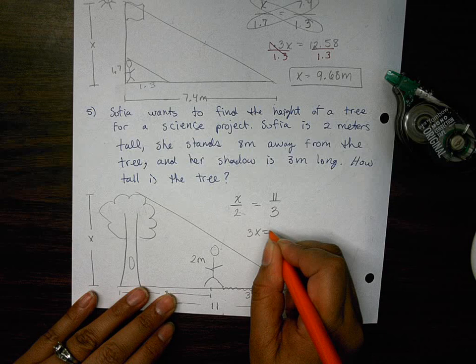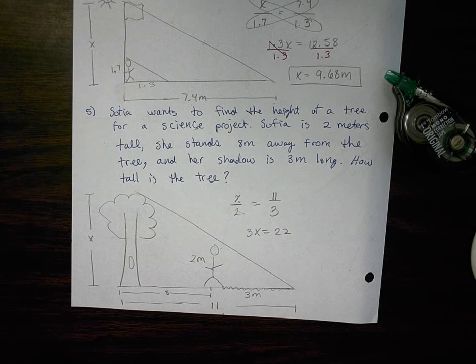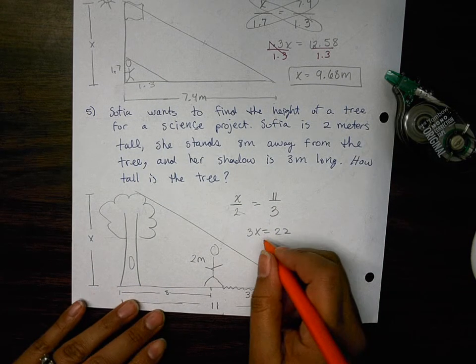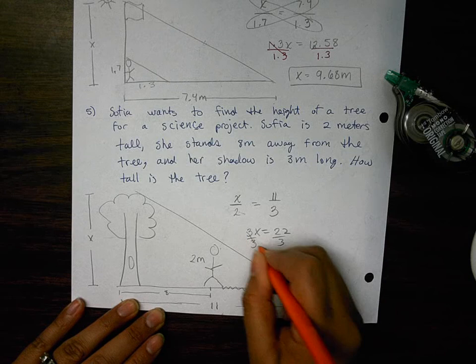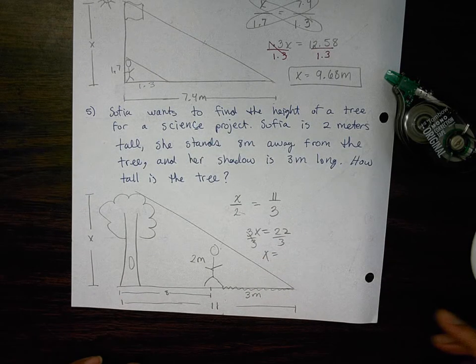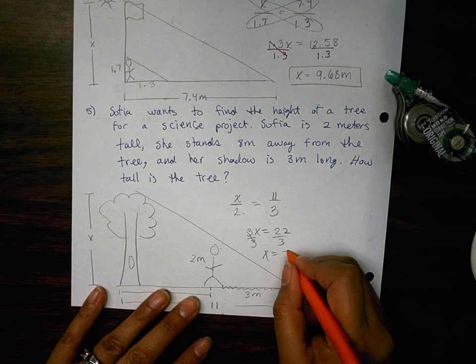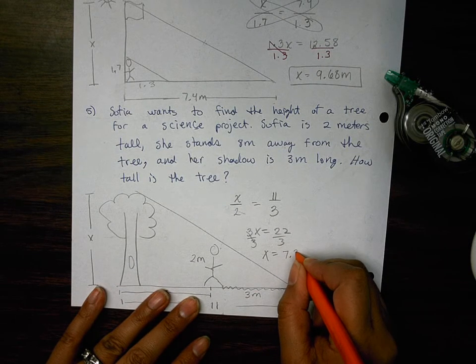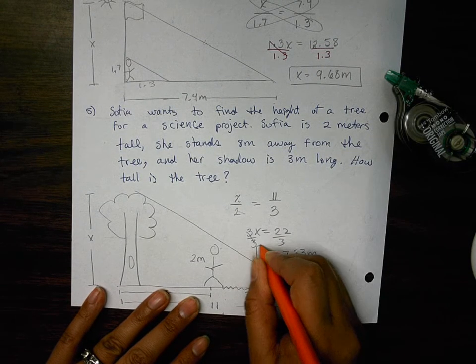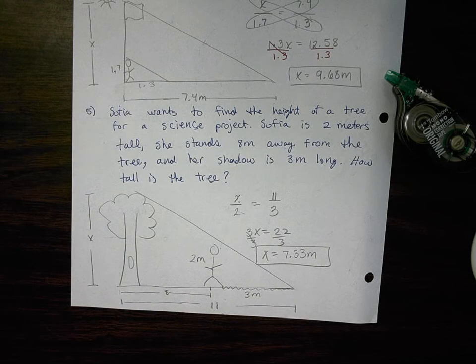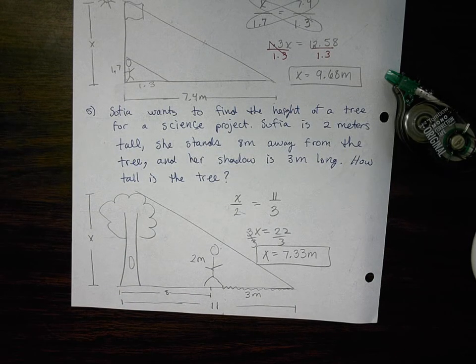And then cross multiply. What's 3 times x? Equals 22. And divide both sides by 3. 22 divided by 3 to 2 decimal places is 7 point what? 33 meters.